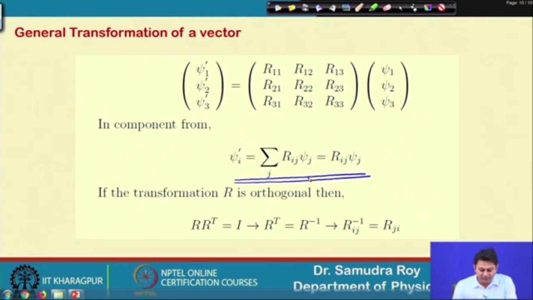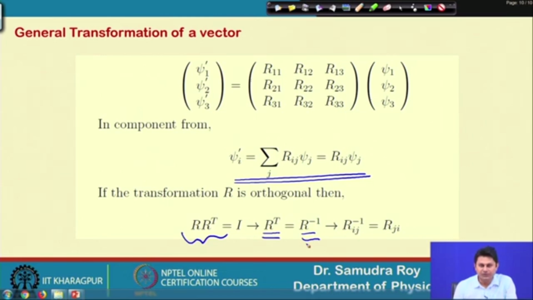Now, whatever transformation R we are talking about, if it is orthogonal in nature, then for an orthogonal matrix R transpose R is equal to the identity matrix, that we know. That means R transpose is nothing but R inverse.